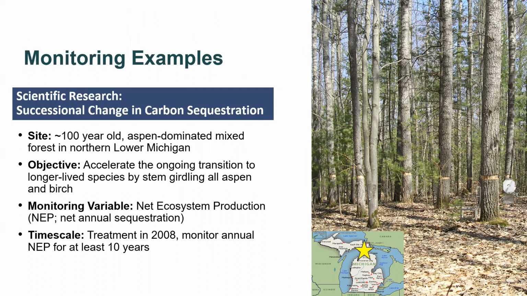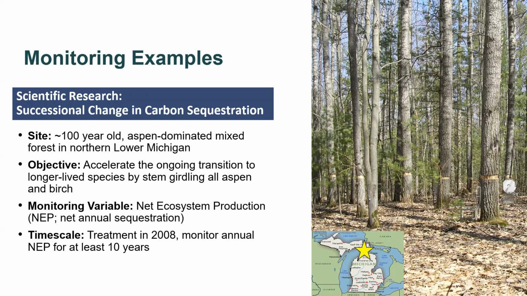We started with essentially the same kind of forest composition, about 100-year-old aspen-dominated forest, again in northern lower Michigan. In this case, this was not a management experiment. This was an ecosystem experiment in which we wanted to accelerate the ongoing transition of an aspen-dominated forest towards a forest dominated by longer-lived, later successional tree species.